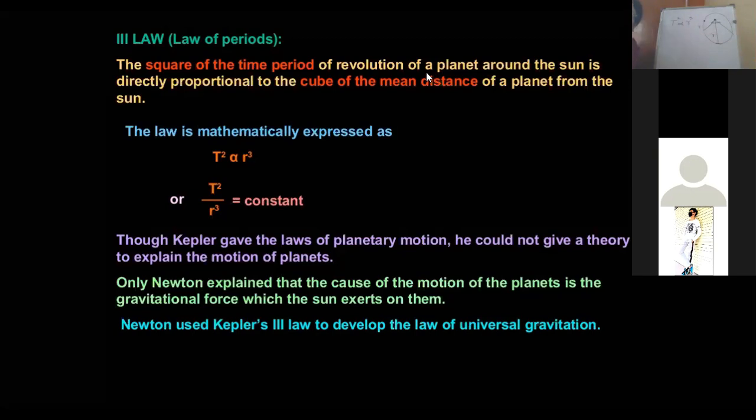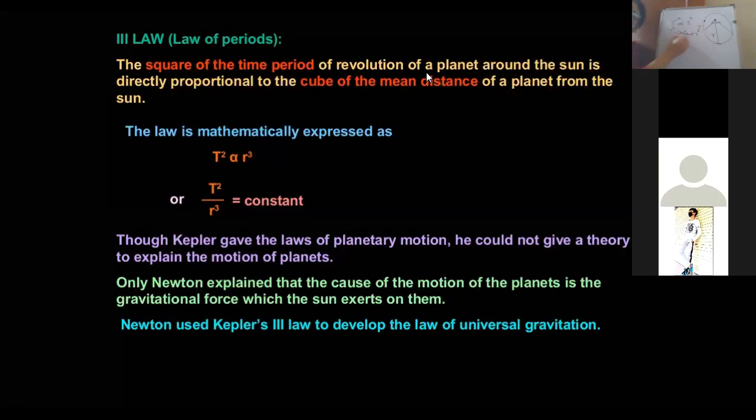Let the mean distance between the planet and the sun be R. So T square is directly proportional to R cube. And in order to remove the sign of proportionality, we have to introduce a constant.